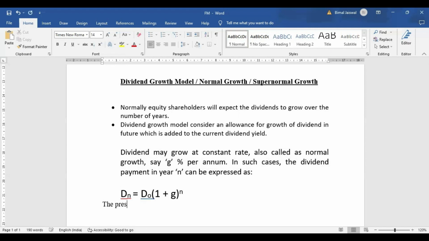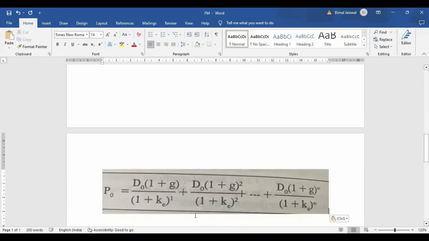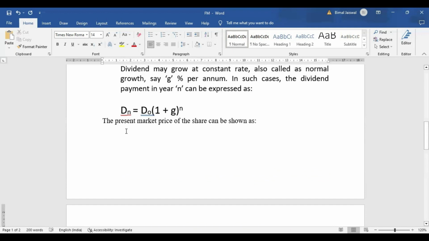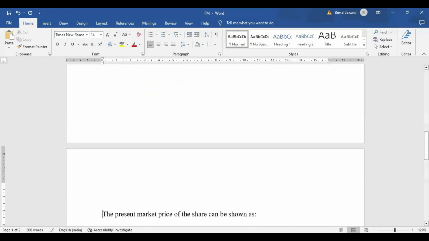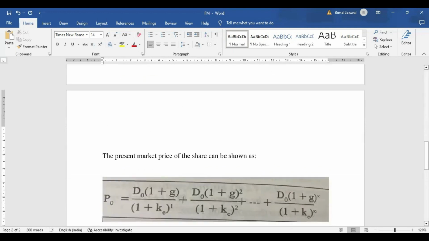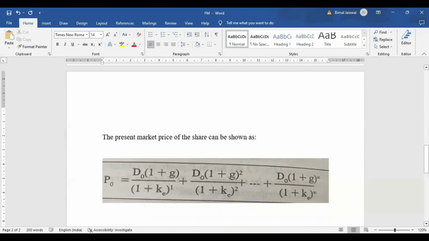The present market price of the share can be shown as P0.